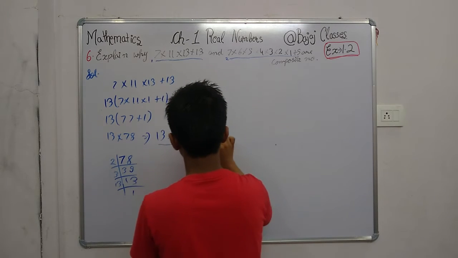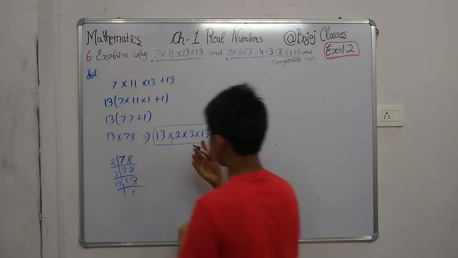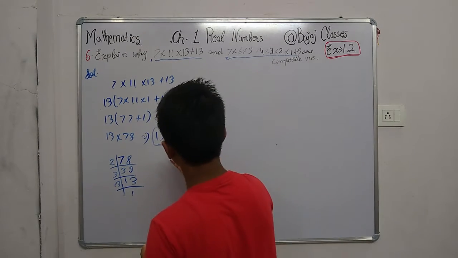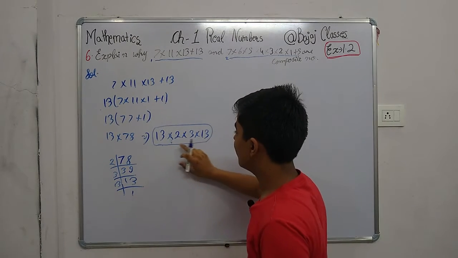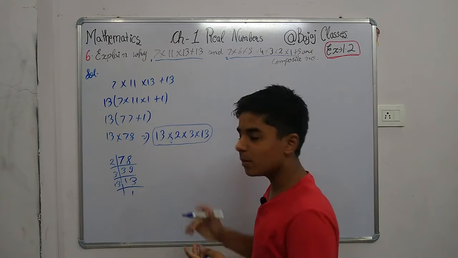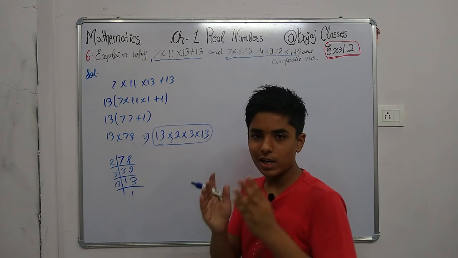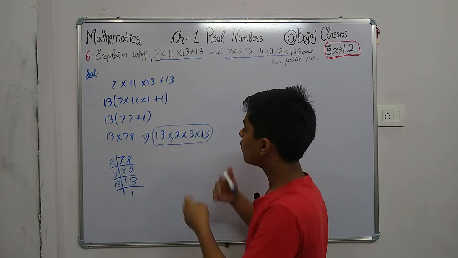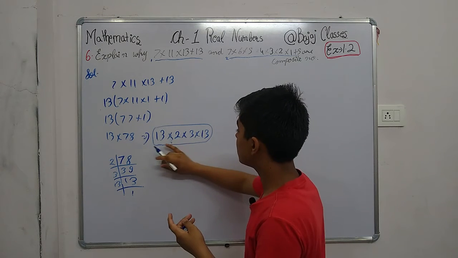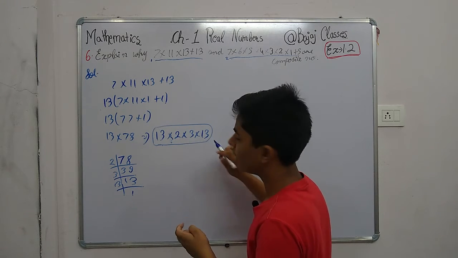This will be our equation. Hence we can conclude that there are many factors. When we multiply all these numbers, we get a single number, and the factors of this number are 13, 2, 3, 13.